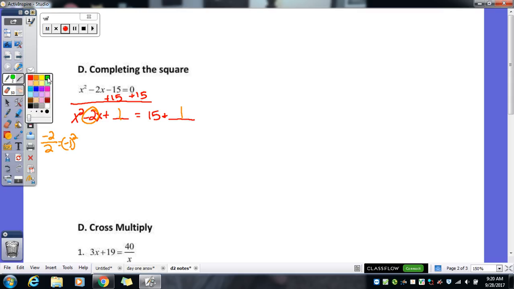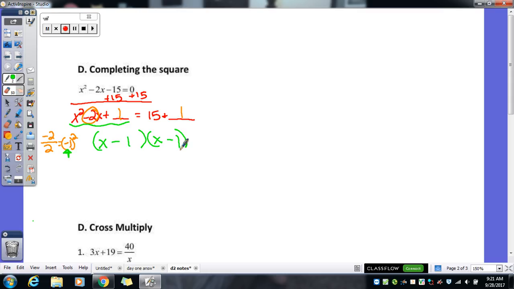So now we're going to factor this left side over here. It's a trinomial. So we're going to have x and x. And your little hint when you're doing completing the square, whatever this number was before you squared it is what it's going to be when you factor.